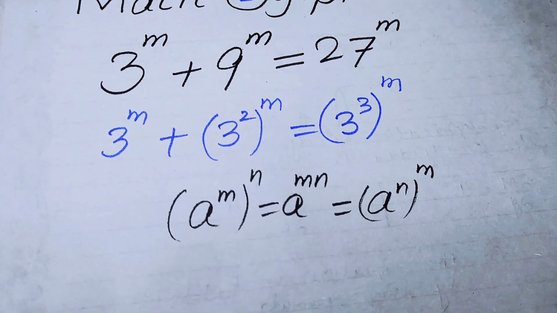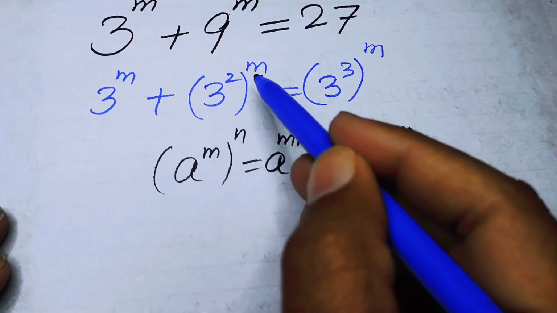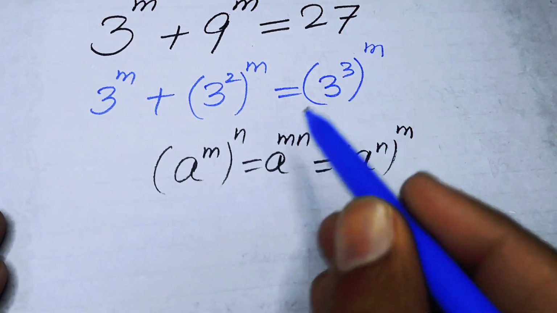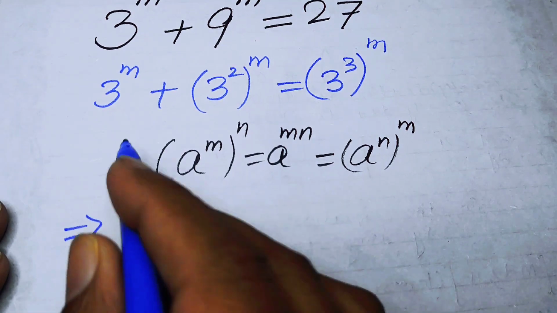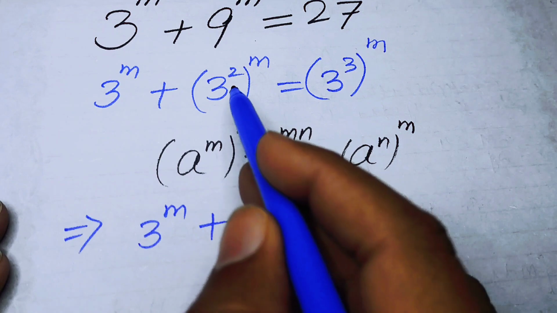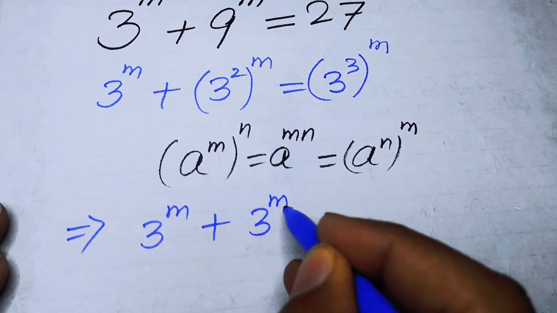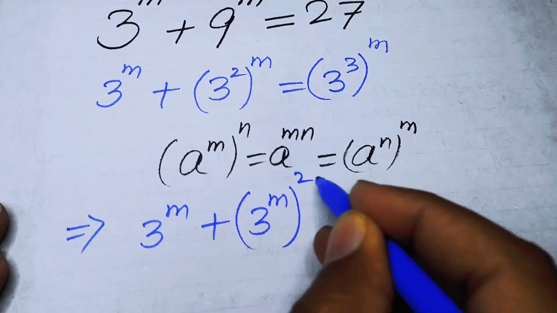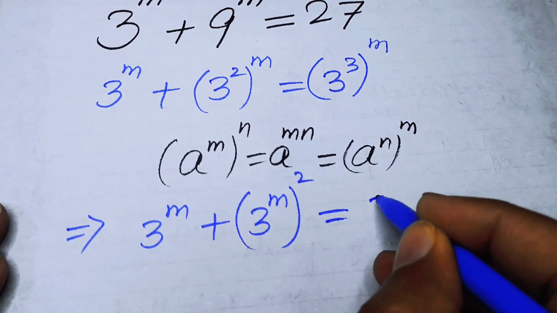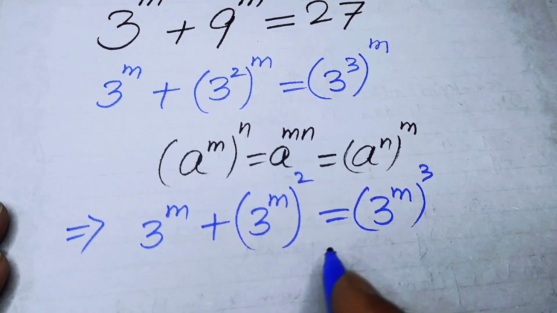Okay, so now we can apply this exponent law here, and we will just interchange these exponents on the left and right hand side, so that we have 3 to the power of m plus, here when you interchange these exponents, you get 3 to the power of m and whole squared is equal to 3 to the power of m and whole cubed.